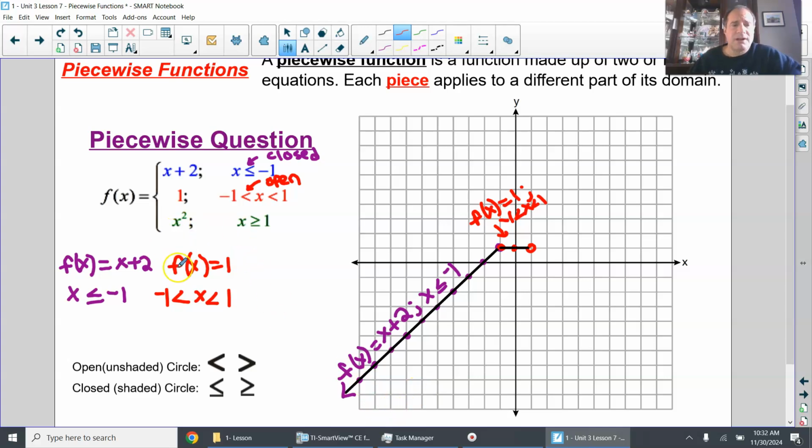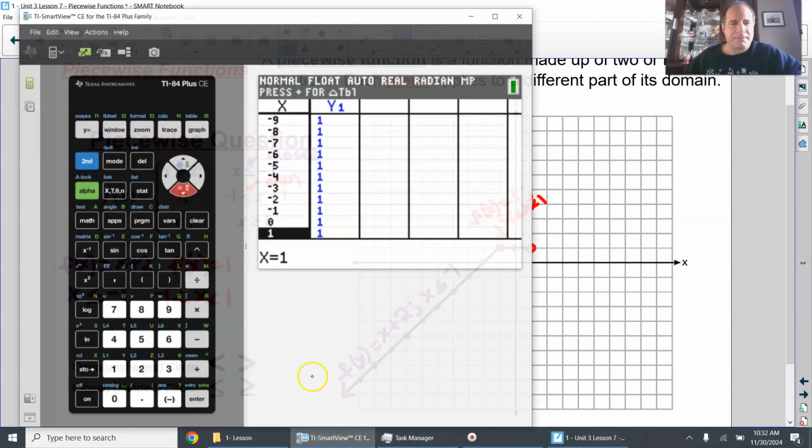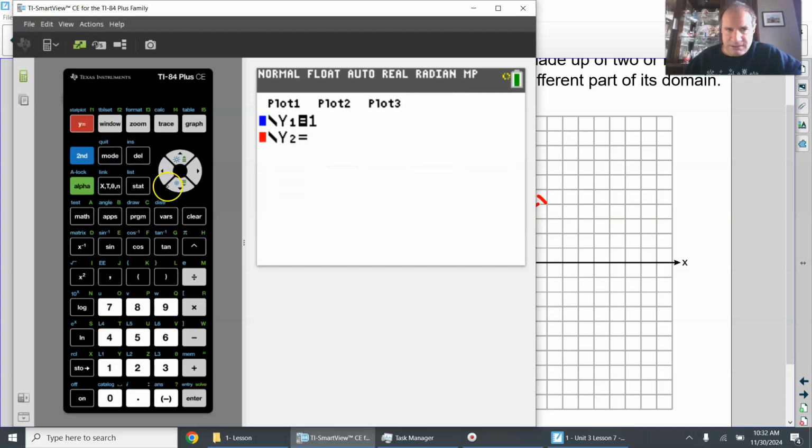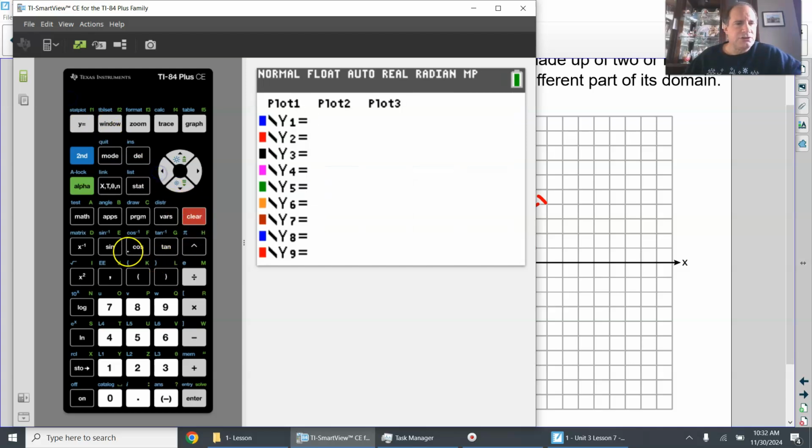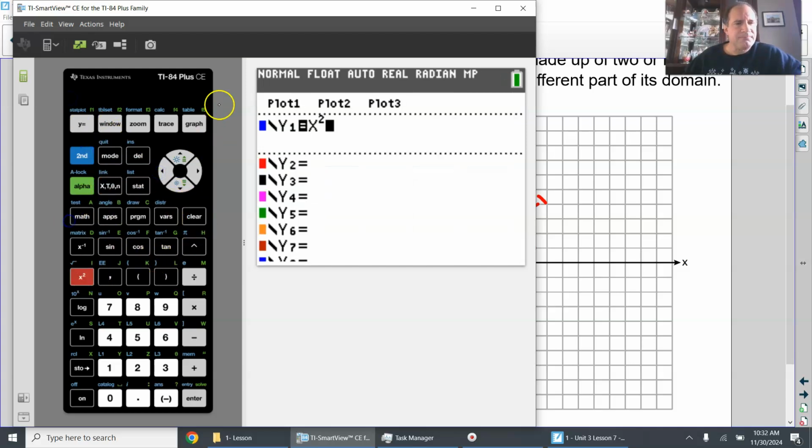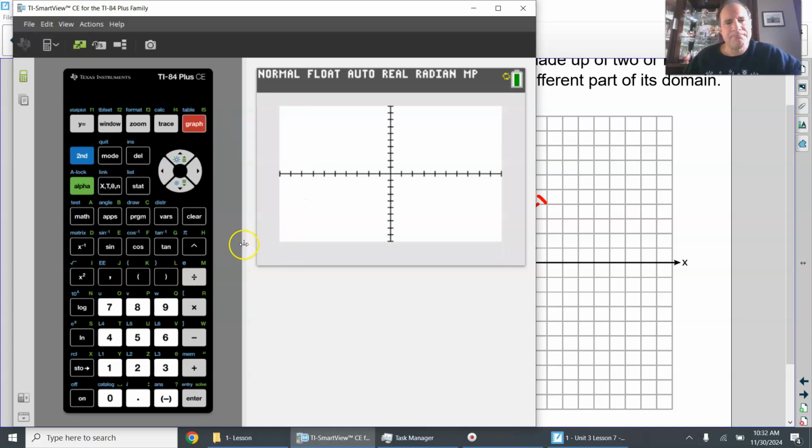The next thing I'm going to graph is f of x equals x squared. So you know this is not going to be linear. So we're just going to put x squared. This is going to be a U shape. And that's what it is right there.